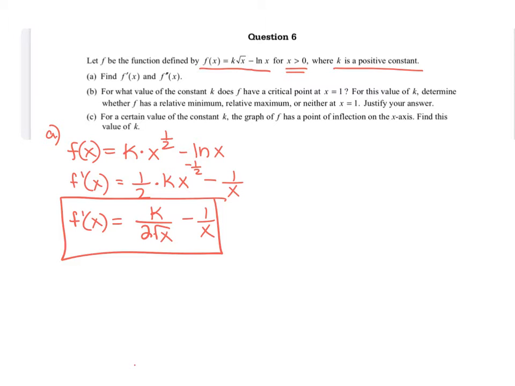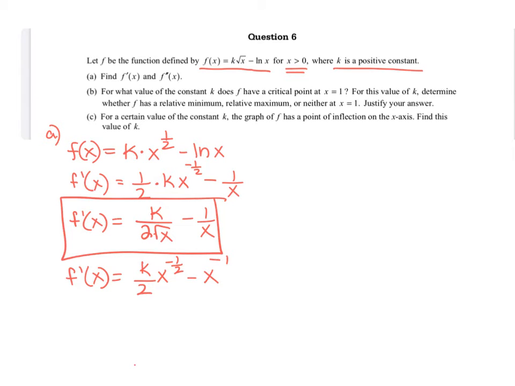And then our second derivative, I'm going to rewrite my f prime as k over 2 x to the negative 1/2 minus x to the negative first.